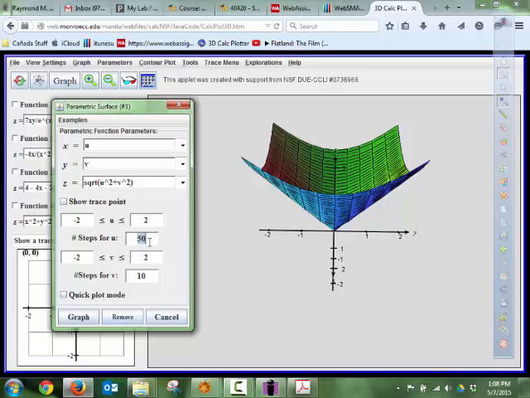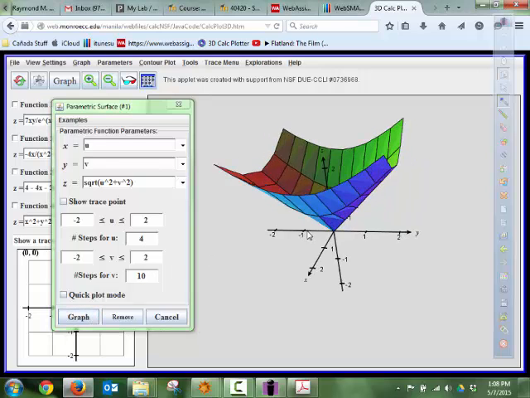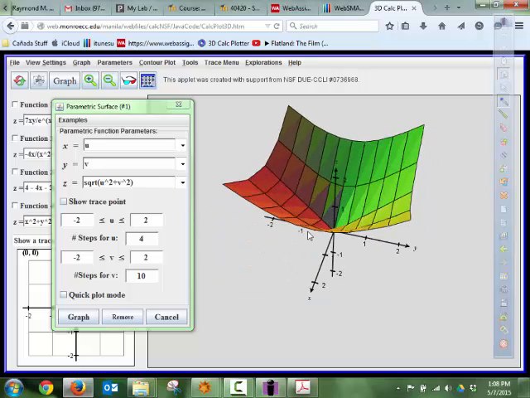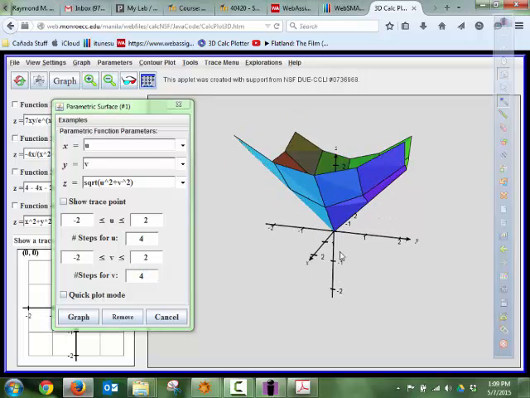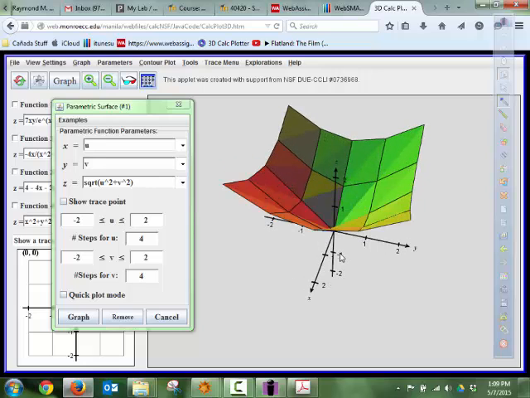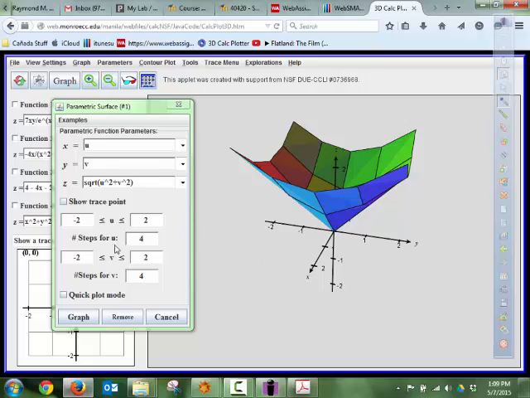Instead of refining it, let's go the opposite way. What if we break this down to like 4? So now you have this. It's wider, right? In fact, let's do 4 for the other one too. So it looks a little bit less like a cone. The way these graphing programs work is that they use this information, how many steps, to just draw points.